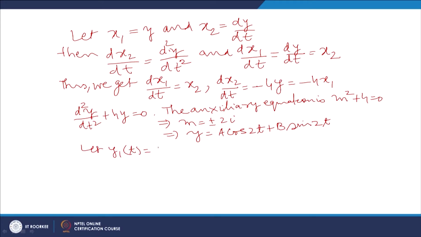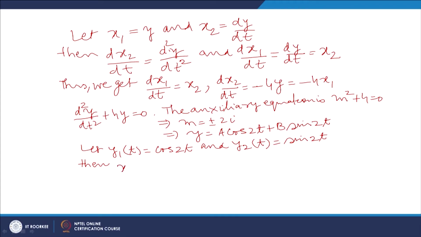Now, let us say y1(t) is equal to cos 2t and y2(t) is equal to sin 2t. Then now we are looking for the solution of the homogeneous system of equations dx1/dt equal to x2, dx2/dt equal to minus 4x1.